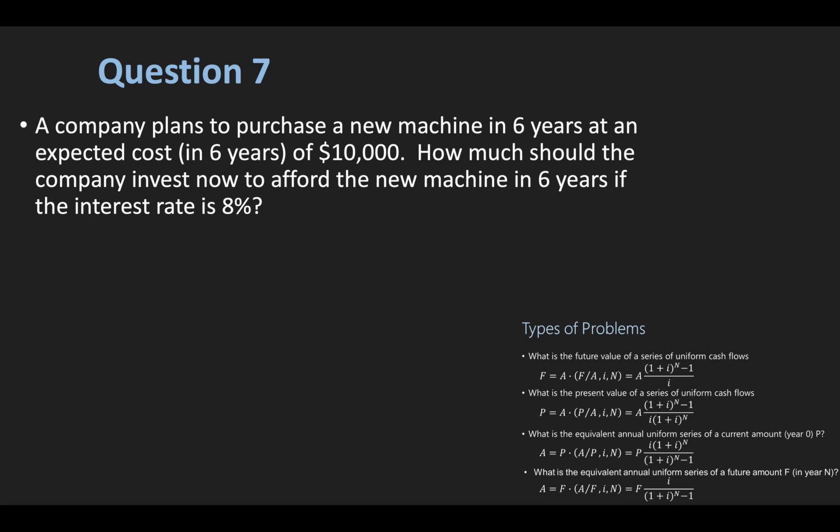How much money does the company actually need to save to be able to pay $10,000 to buy the machine, right? Well, we know the future value, which is the cost of the machine, is $10,000. Meaning, obviously, in 6 years, you need to have $10,000 of cash to buy the $10,000 machine, right? So how can you get $10,000 of cash? Well, we know the period is 6. We know the interest rate is 8%.